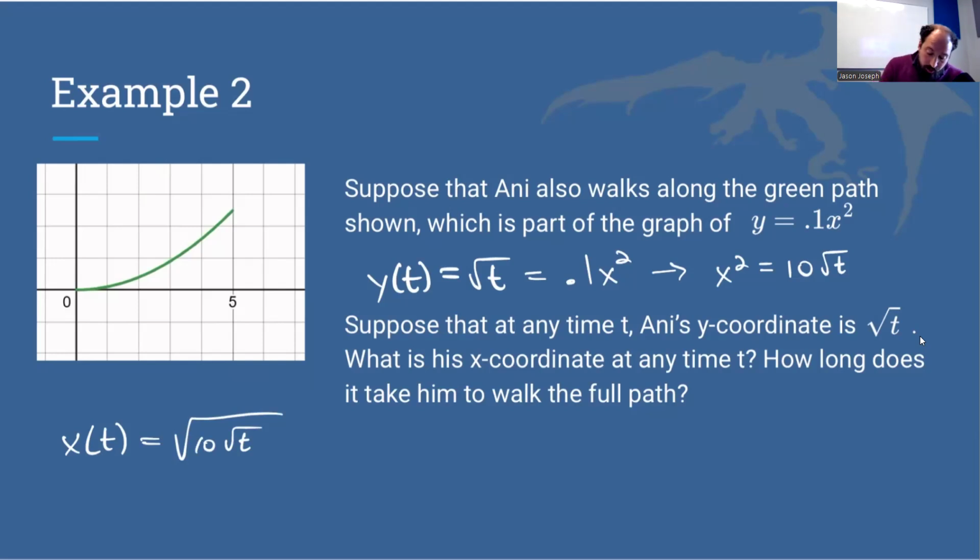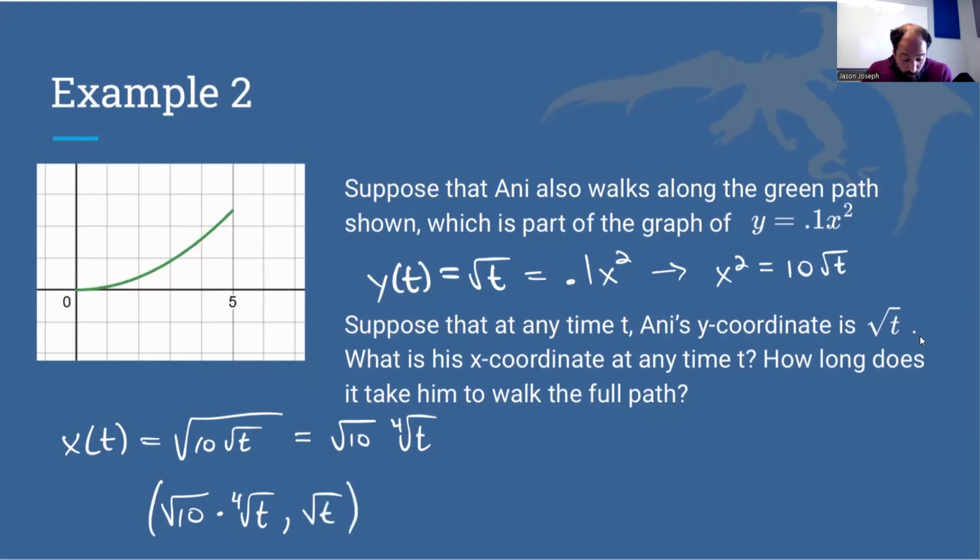I wanted the positive square root. That looks kind of weird, so let's just write it like this: square root of 10 times fourth root of t is your x coordinate at time t. So the full parametrized curve would be root 10 times fourth root of t in the x coordinate and square root of t in the y coordinate.